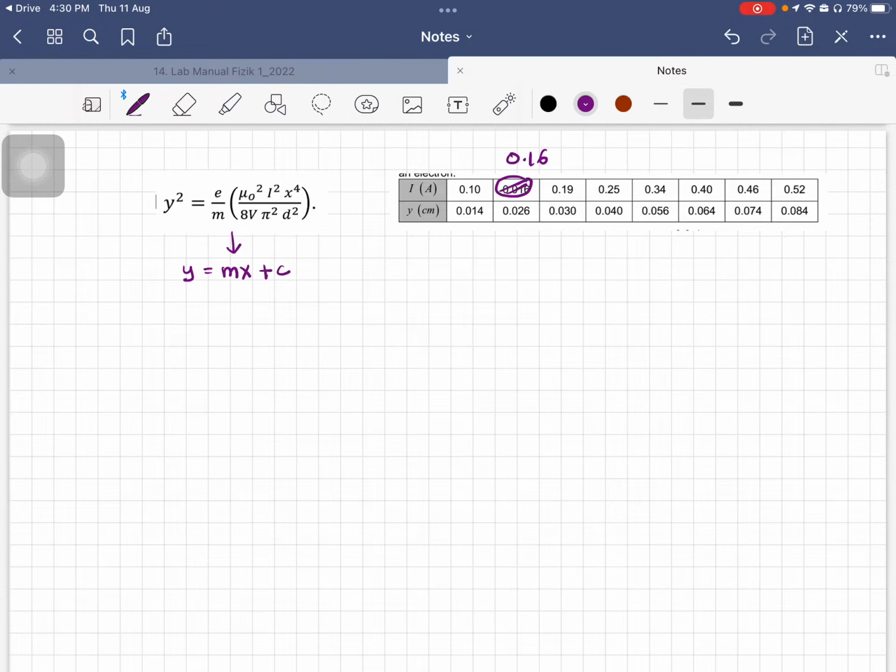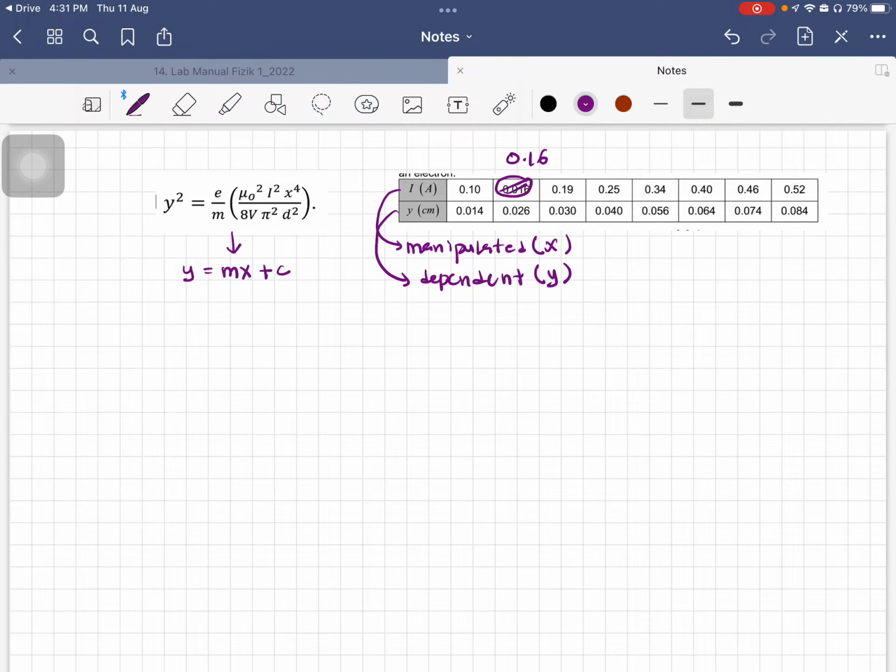Usually the upper one is the manipulated value, the lower one is the dependent value. So this should be your x-axis, and this one should be your y-axis.